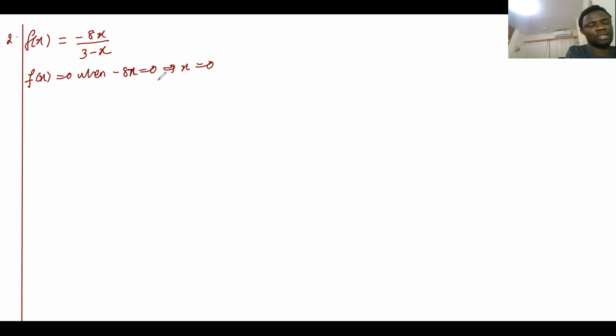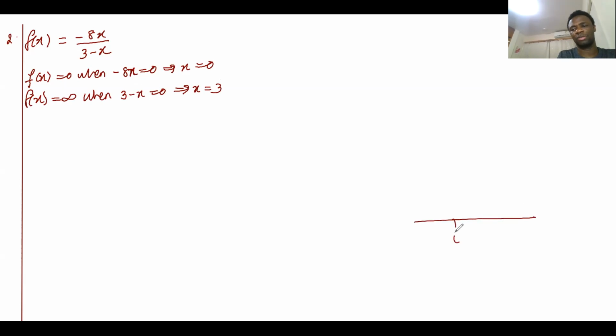Let's be careful, please. f of x is undefined when 3 minus x is equal to 0, which means when x is equal to 3. So I can do a sketch somewhere. I have 0, I have 3. The undefined part is 3, so that's going to be the dots, and this is going to be a normal line.